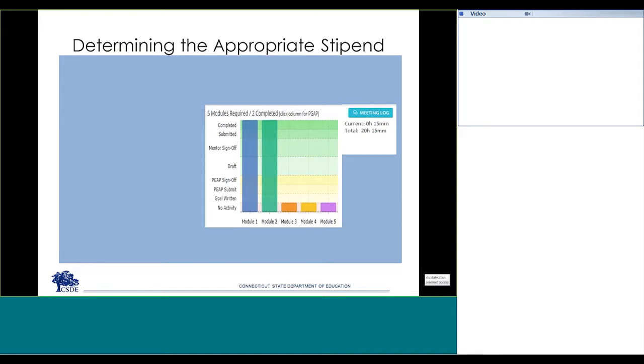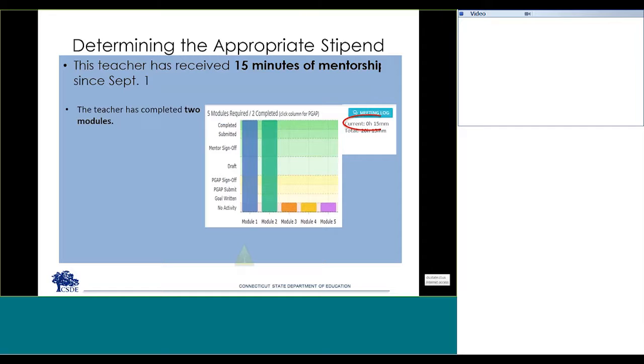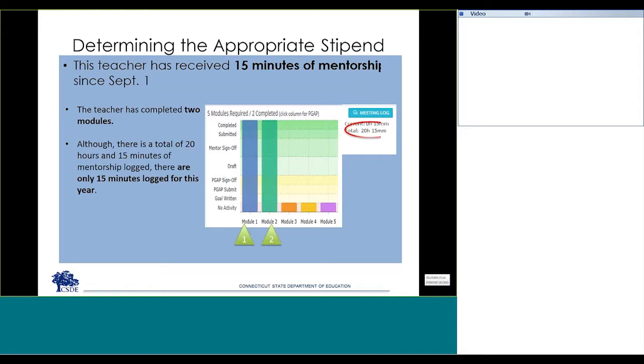Let's look at one other example. We have 15 minutes of mentorship that was provided since the beginning of the year, and we have 2 modules that have been completed. There were 20 hours logged since the beginning of the time working on team.